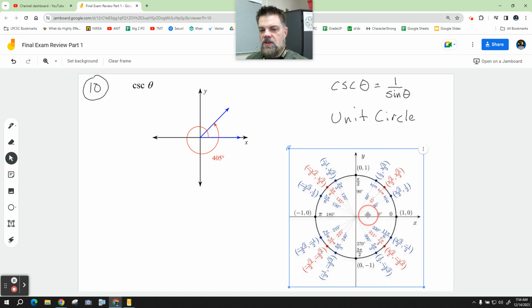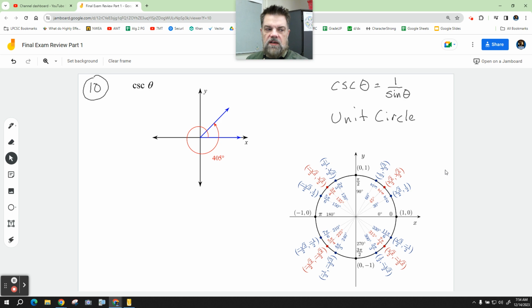Remember that on the unit circle, because your radius is 1, it works out that your x comma y value on the unit circle is actually the cosine value comma sine.